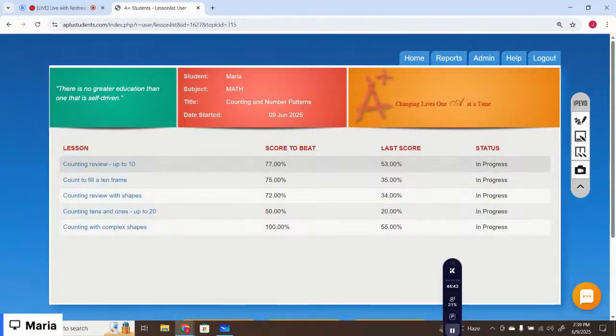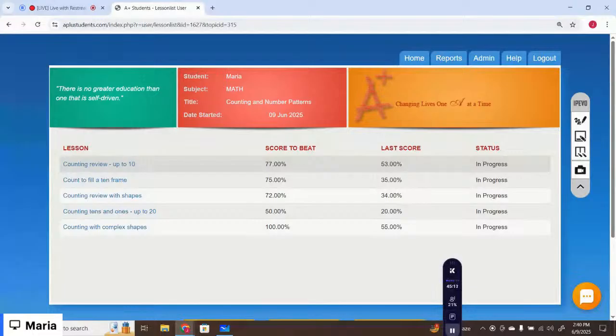So we were working on grade one math. The chapter we were working on is counting and number patterns.